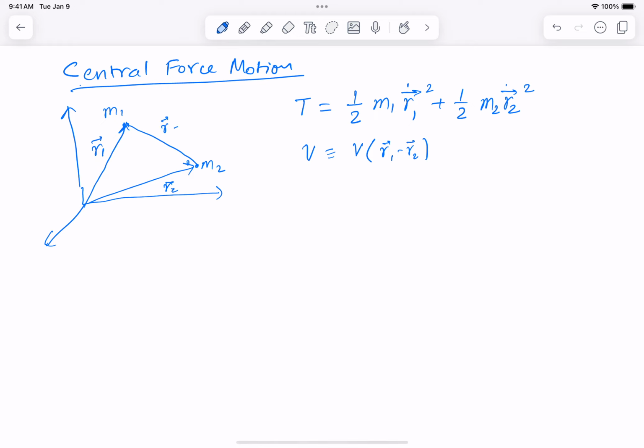Let's call it R equals R2 minus R1. That's our vector which joins these two objects. So it will look like this. R2 minus R1 will give me this vector.